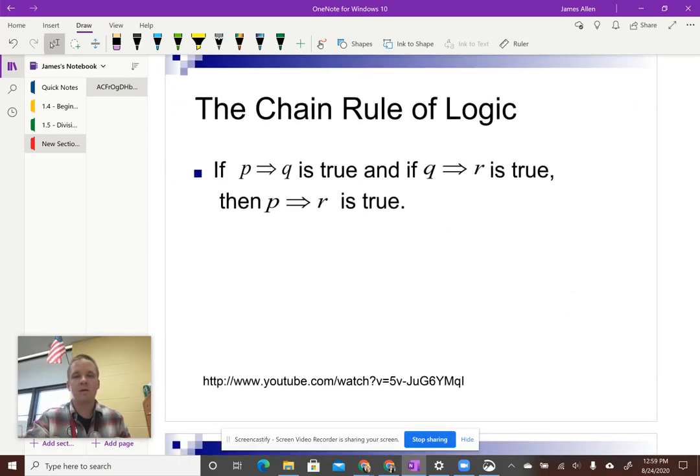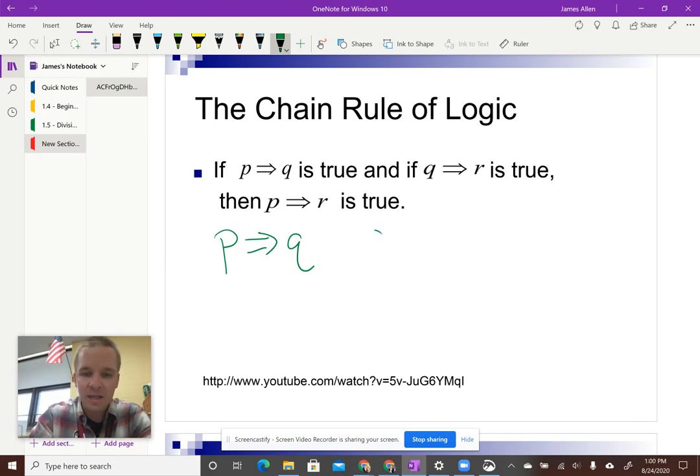Chain rule. If P then Q is true, and if Q then R is true, then P then R is true, meaning I can link these together as a chain of events.